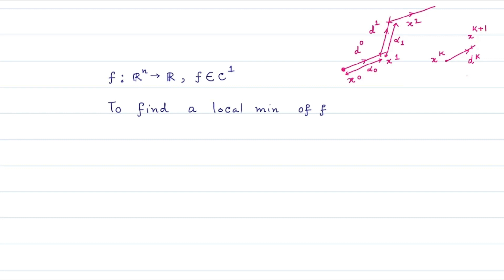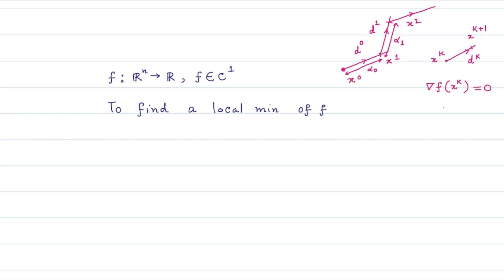until we reach a point at which a local minimum of the function f is realized, or until we reach a point at which a necessary condition to be a local minimizer is realized. That means we keep continuing this entire process until we reach a point xk at which the gradient of the function at xk is a null vector.